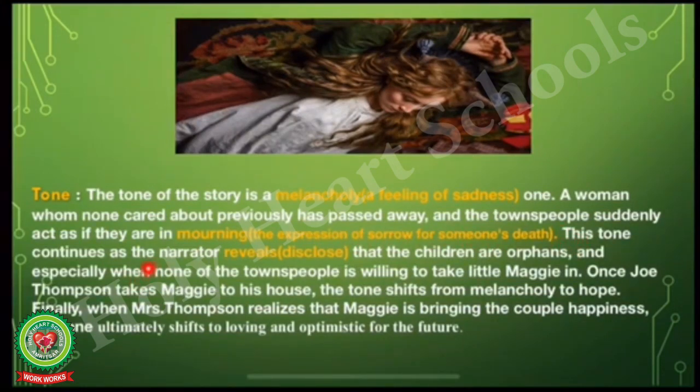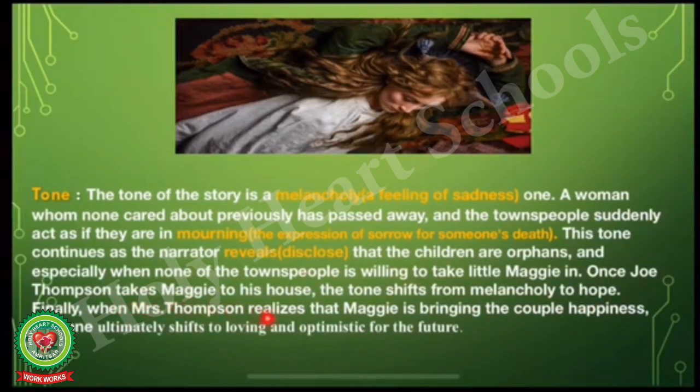This tone continues as the narrator reveals that the children are orphans, and especially when none of the townspeople is willing to take little Maggie in. So please underline the word reveals and write disclose. So once Joe Thompson takes Maggie to his house, the tone shifts from melancholy to hope.